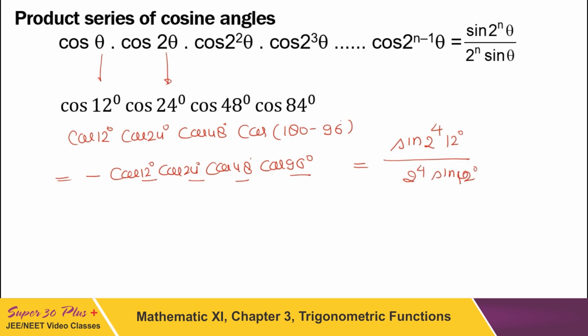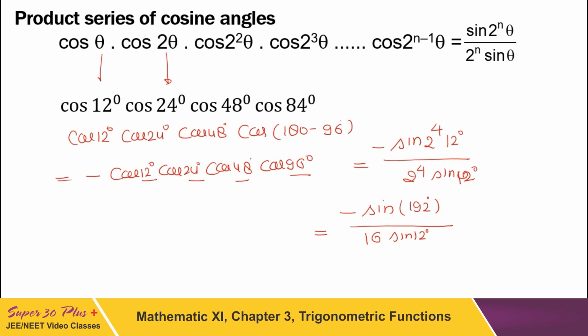Theta is 12 degree with a minus sign, and we can write it like minus sin 192 degree upon 16 sin 12 degree.